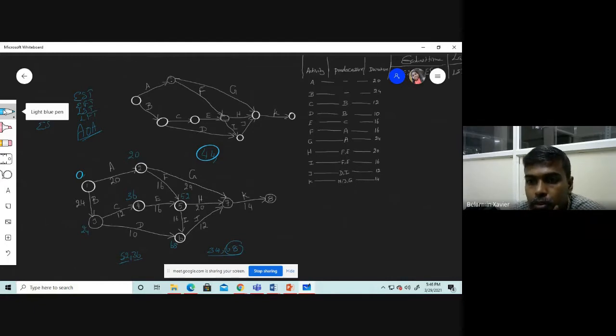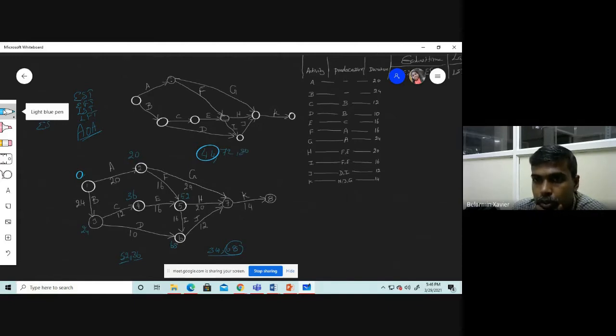When we go for node number 7, we are having 3 activities. For activity G, the value is 44. For activity H, 52 plus 20, that is 72 will come. Then 68 plus 12, 80 will come, right?